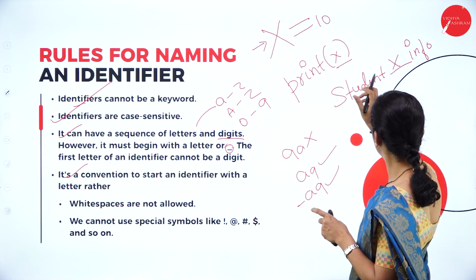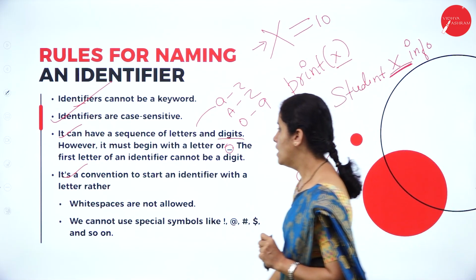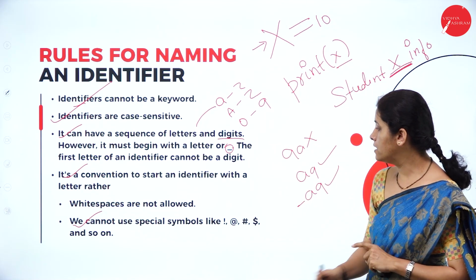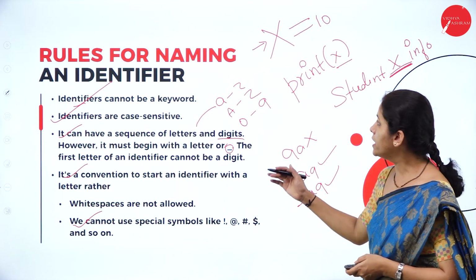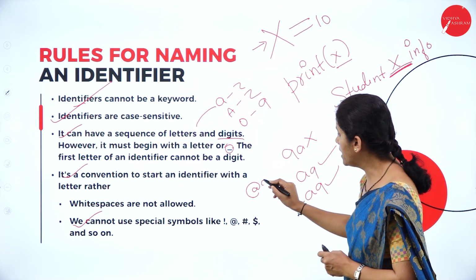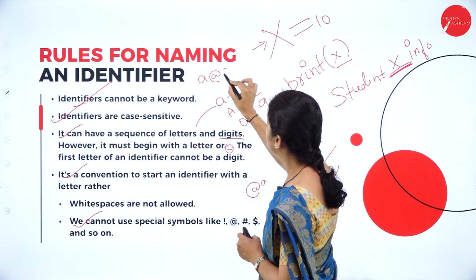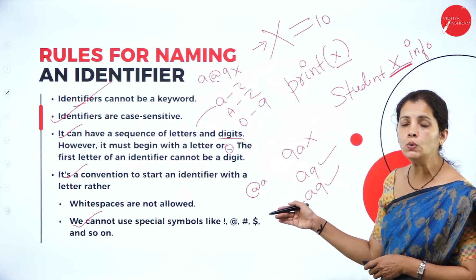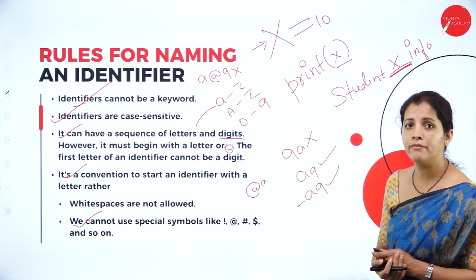So here, student underscore info is the correct one. And we cannot use special symbols like @ or hash. So we cannot use special symbols like @A. This is wrong. Or A@9. This is also wrong. So these are the certain rules we have to follow while defining an identifier.